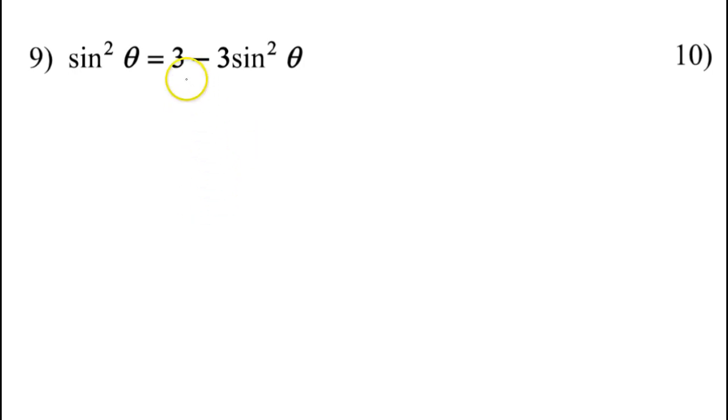Now, on this problem, I see that we have sine squared, and that's the only thing we have in terms of trig functions. So I'm going to go ahead and add 3 sine squared theta to both sides. Put those like terms together.